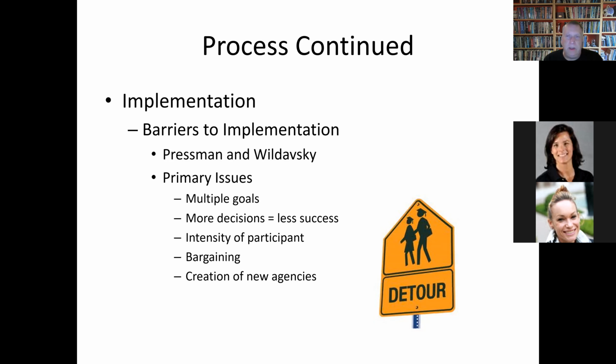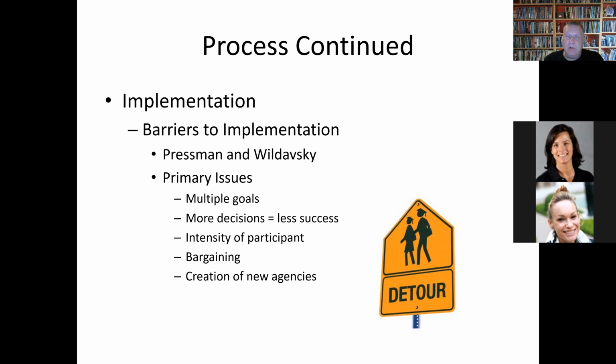And you'll talk about these in your policy analysis class, but just quickly for us tonight, some of the primary issues involved in implementation: sometimes there are multiple goals. The goals are not nearly as clear or as singular as we usually like to think of them in civics classes. Policies may have multiple goals, and those multiple goals may actually conflict with each other. The more decisions that implementers need to make, the less likely implementation is to be successful.